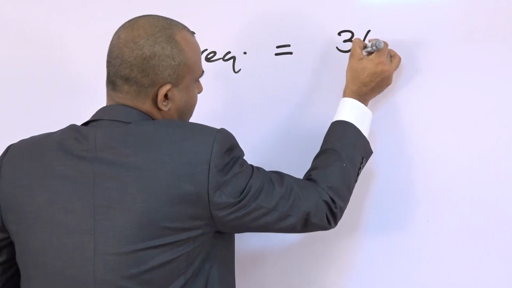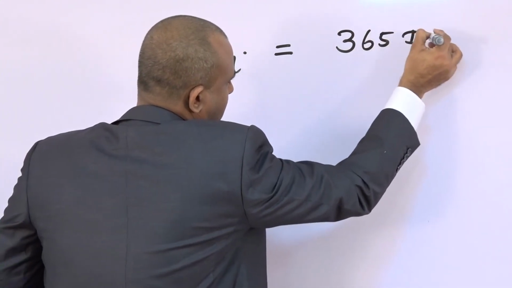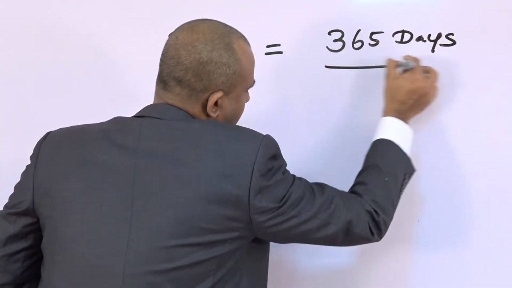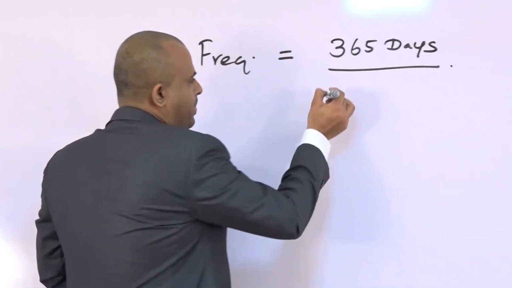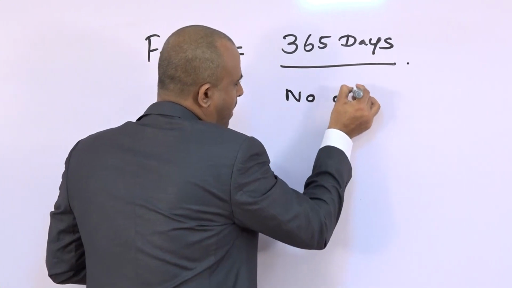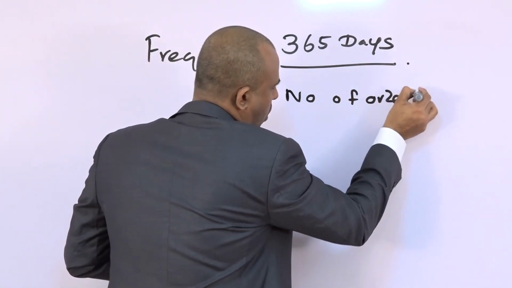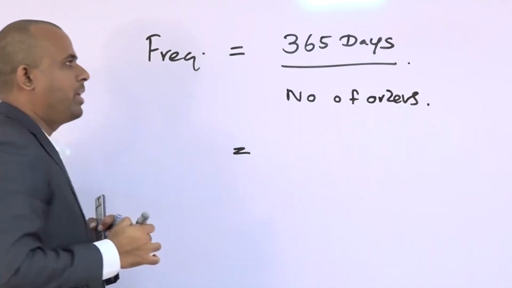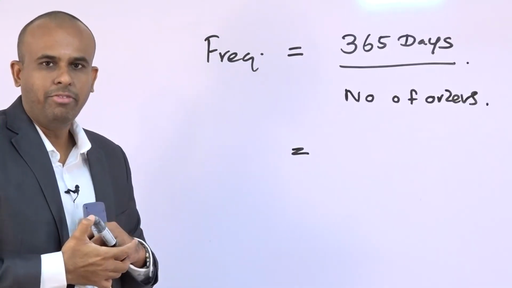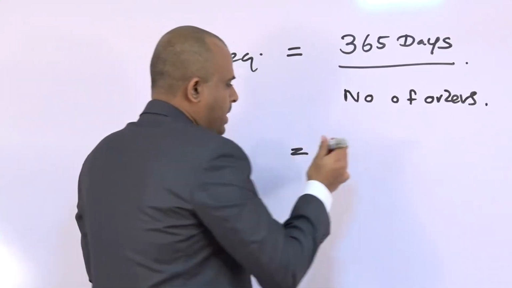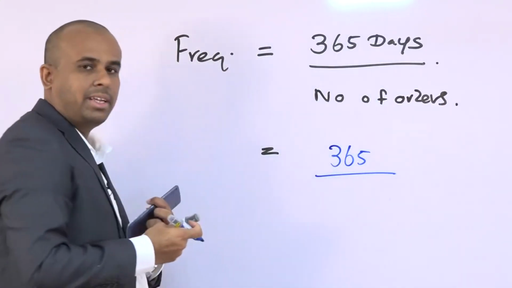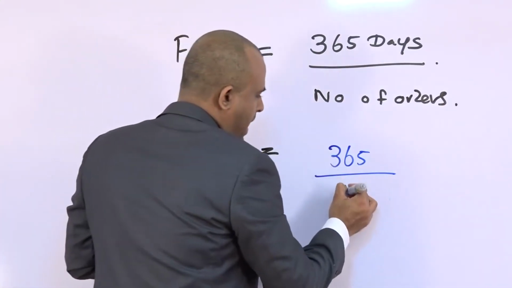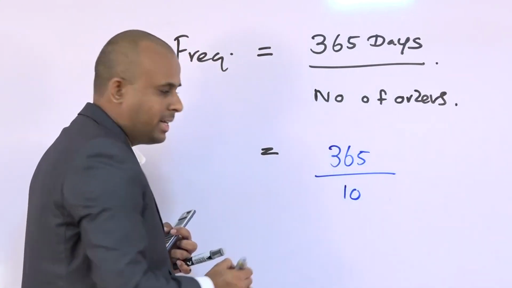You know that there are 365 days in a year. You divide 365 days by the number of orders. Putha, there are 365 days. Okay, then you divide 365 days by the number of orders, 10.